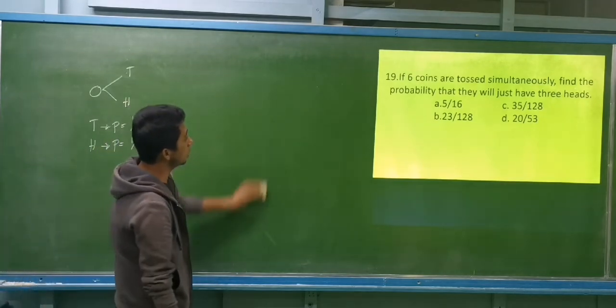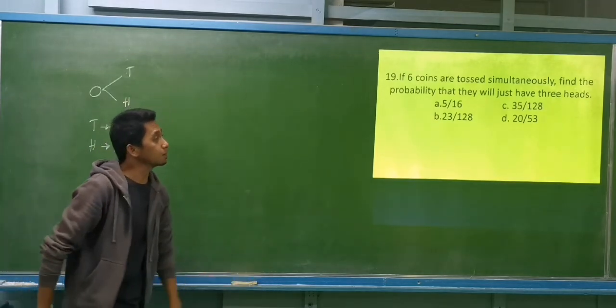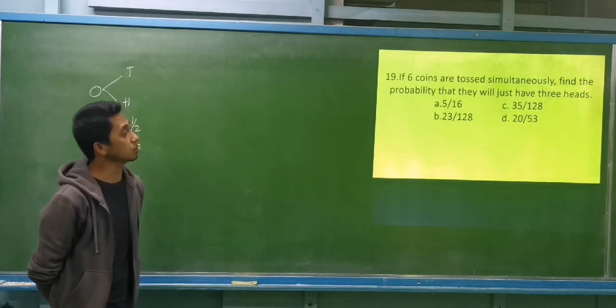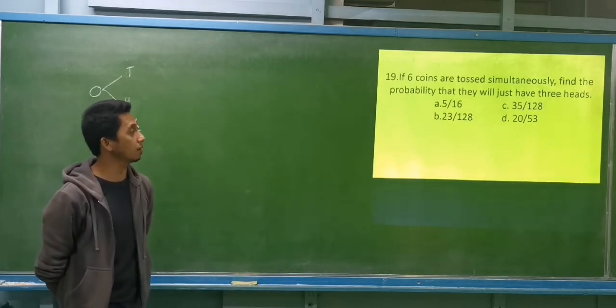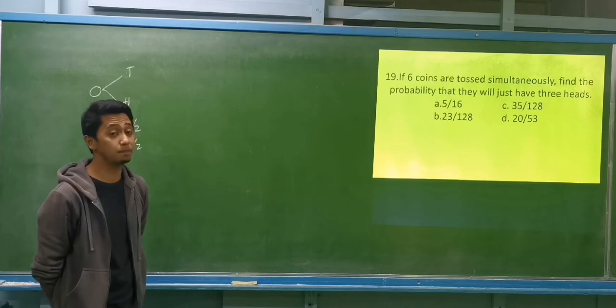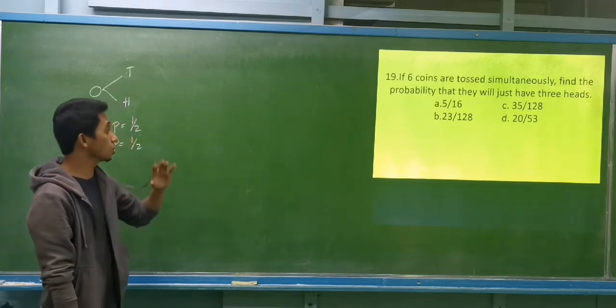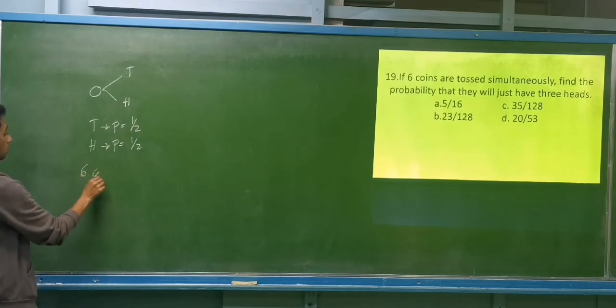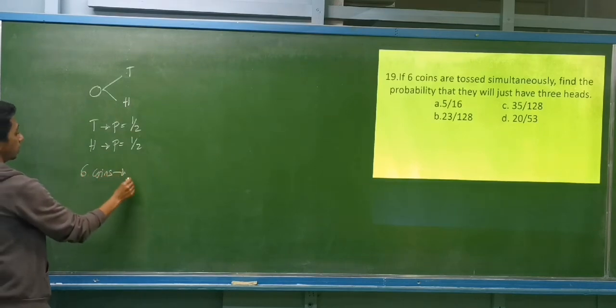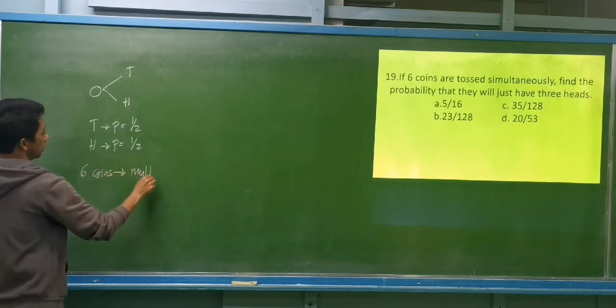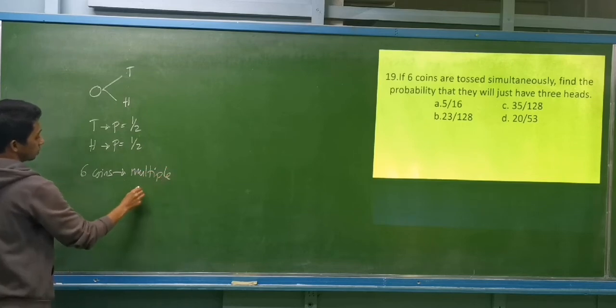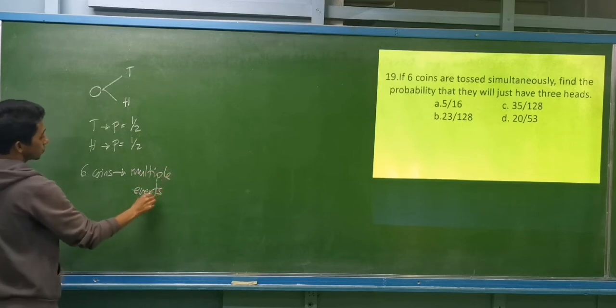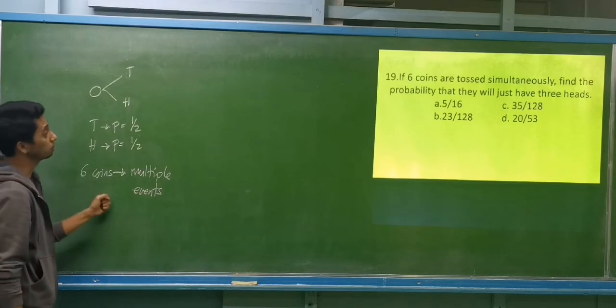Ay sabi niya sa number 19, if 6 coins are tossed simultaneously, find the probability that they will just have 3 heads. So since 6 na coins, ay meron tayong 6 na coins, pwede natin i-consider ito as multiple events since ang dami nating kukunin na probability.